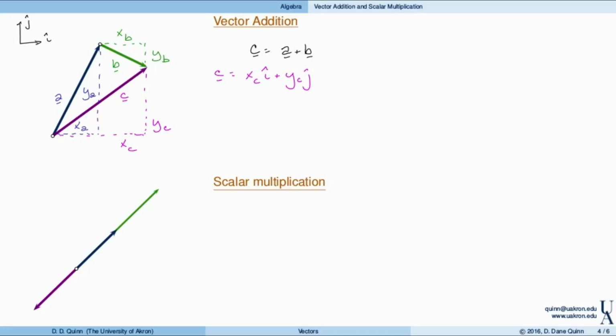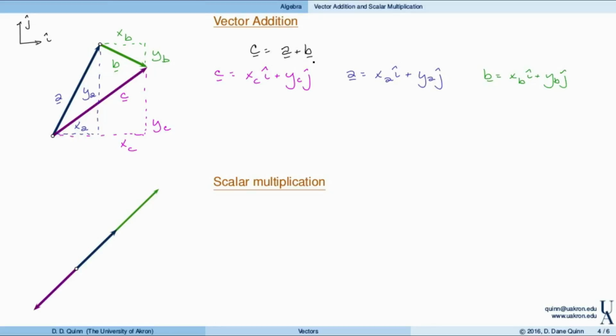So we would have, for example, something like 4 in the i direction, minus 2 in the j direction. So again, yb in this case would be negative. But the vector a is xa in the i direction, ya in the j direction. The vector b is xb in the i direction and yb in the j direction.